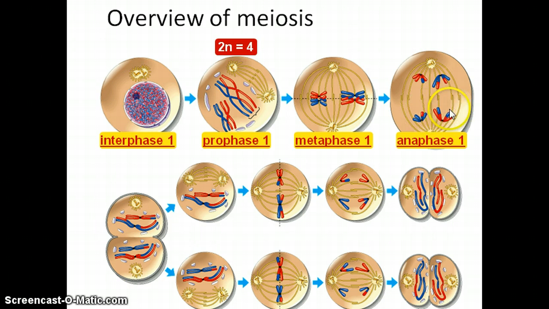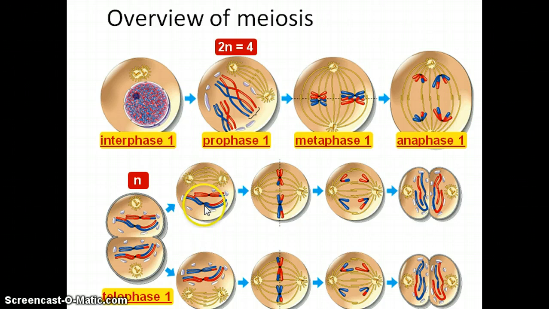After anaphase 1, we have telophase and cytokinesis 1, where we divide this cell into two daughter cells. With telophase 1, this is where we have our movement from diploid to haploid.